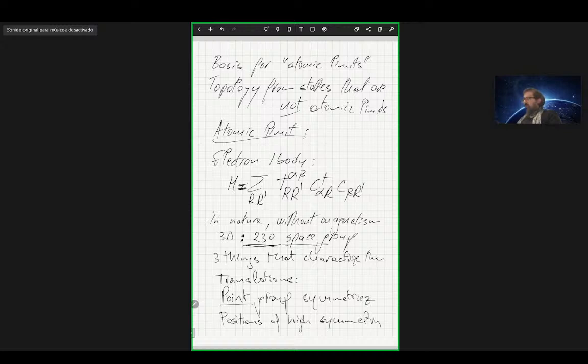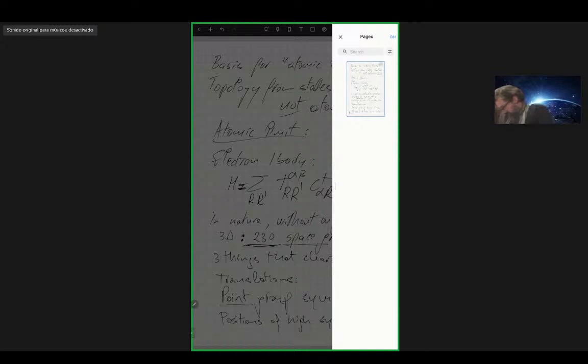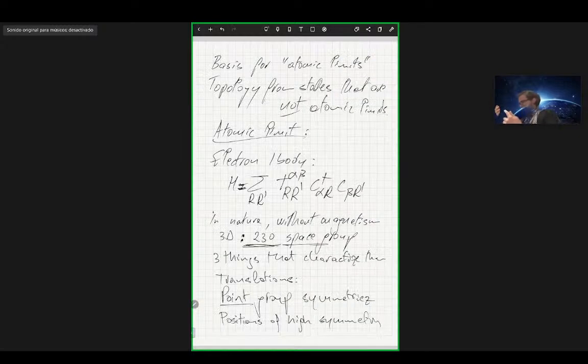Okay, now I have to figure out how to do a new page on this. Okay, let's see. Sorry, it's an Android tablet that I got from my student, and figuring out how to do a new page is not easy for me. This is how you know that I'm above 40. It's not an iPad, it's an Android.